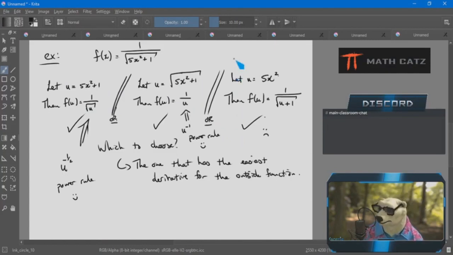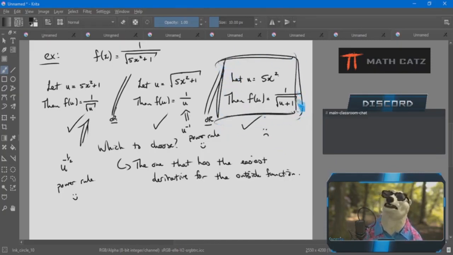I need to know what my choices are so I can pick the most convenient one moving forward. If I just write down this last one, and not think about other choices that I could have had, and I want to move forward with that one, my life could be way worse than if I chose the first or second option. So I need to be able to see my options and be comfortable in deconstructing this into an inside and an outside function.